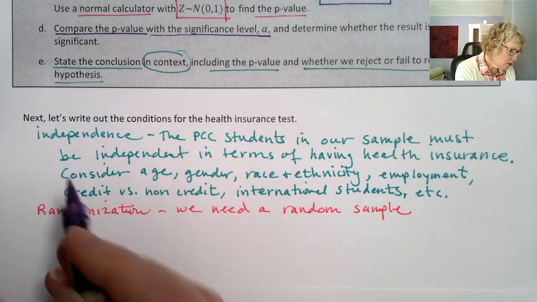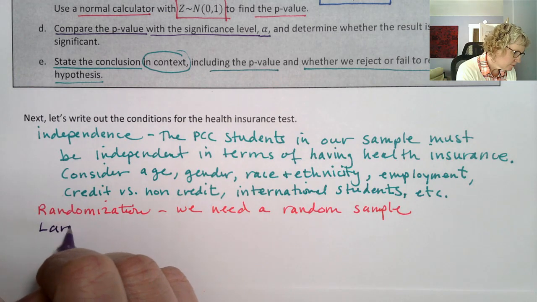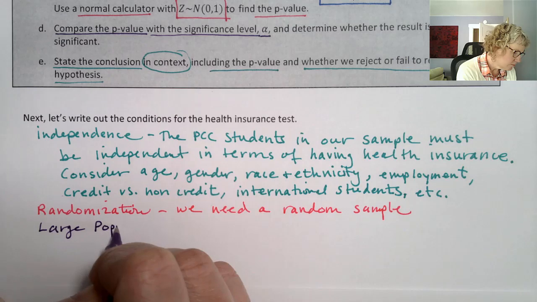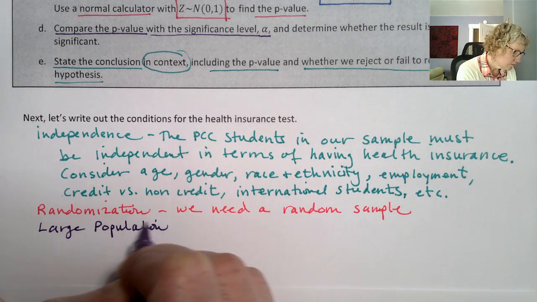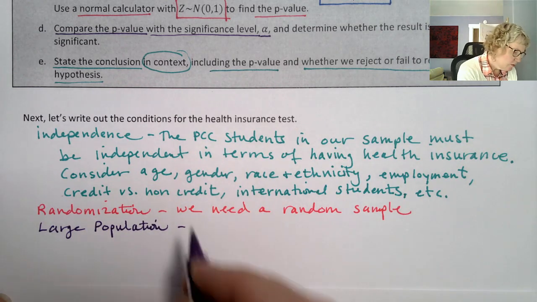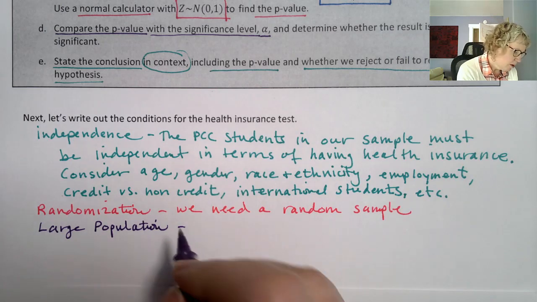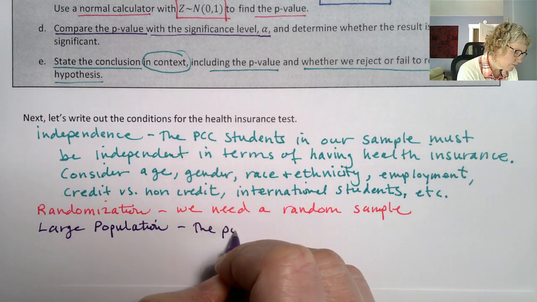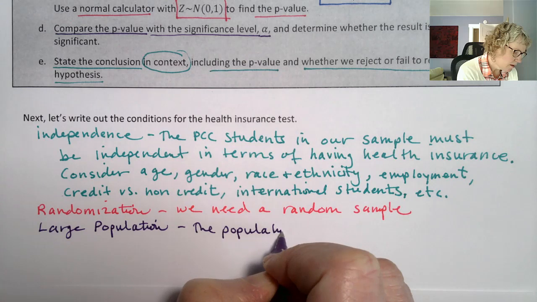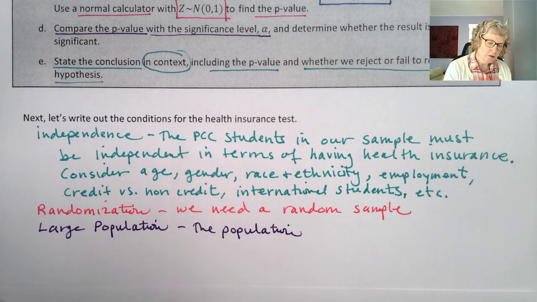Okay, next one is large population. This is when our population needs to be at least 10 times the sample size. So we also need to identify our population here. Even though we're comparing these PCC students with the state of Oregon, our population here is PCC students.